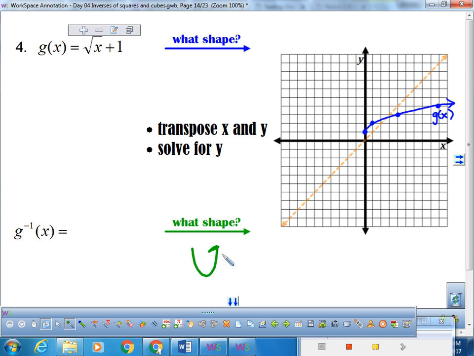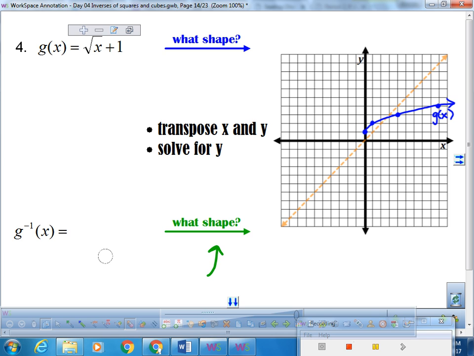Squared. But since I began with a function that only has the top part, not the bottom part of the sideways parabola, I know that my new one is only going to be half a parabola. Right? Because if I switched each one of these points, wouldn't I only have half a parabola? I don't have the other side of the parabola.